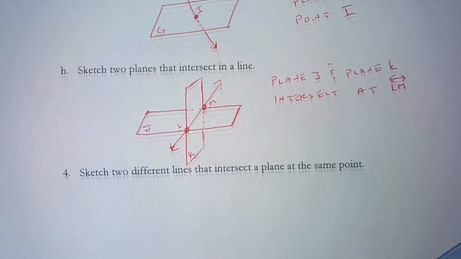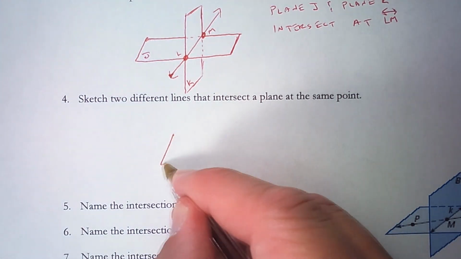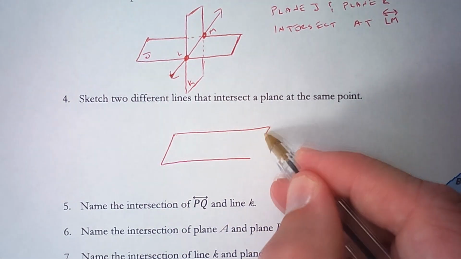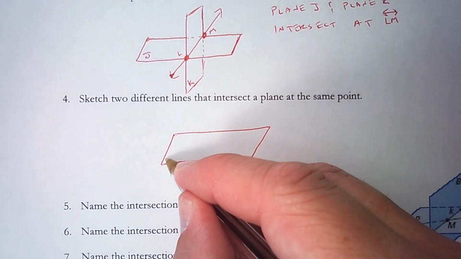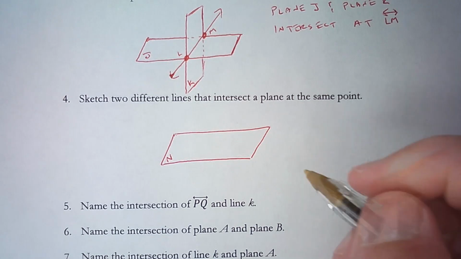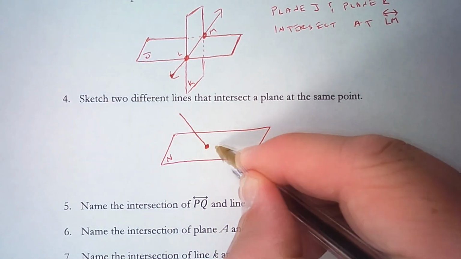Okay, and then our last sketch, two different lines that intersect a plane, but they intersect the plane at the same point. So here is a plane. Okay, so we will call that plane N, and we're going to draw a line that intersects it, and it'll intersect right there.